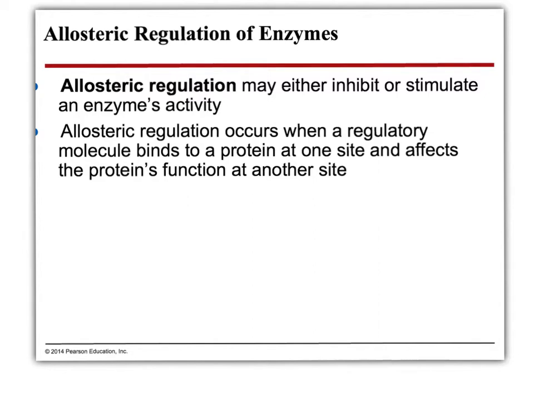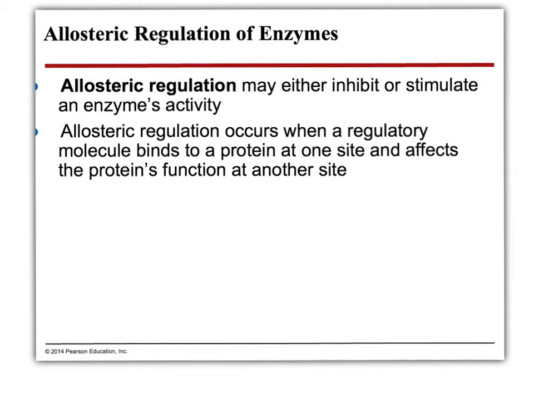Okay? So the presence or absence of cofactors will either increase or decrease the activity of an enzyme, and then whether or not competitive or non-competitive inhibition occurs. So allosteric regulation occurs when a regulatory molecule, whatever it might be, a cofactor or inhibitor, binds to a protein at one site and affects the protein's function at another site.